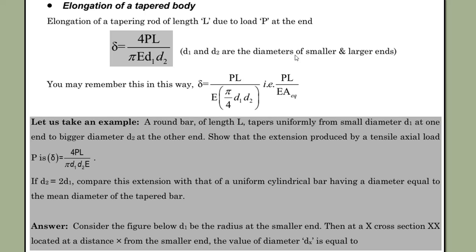You may remember that delta, the elongation, is equal to PL divided by E into bracket pi by 4 D1 D2, that is PL divided by E into A. So this is the example. We need to memorize these equations.